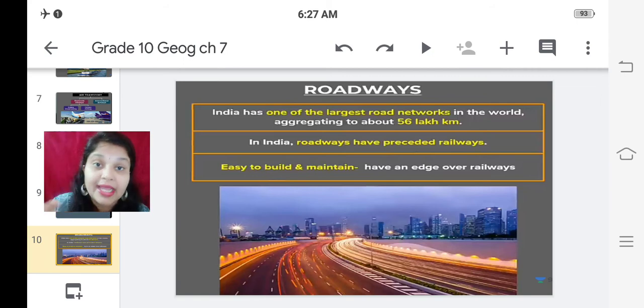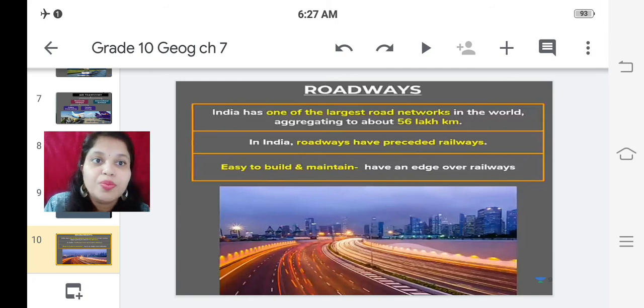So why are roadways better than railways? First reason is, see, you may see the question in the exam, you may be asked in the examination, why roadways are better than railways, or what are the advantages of roadways. So here are the reasons.